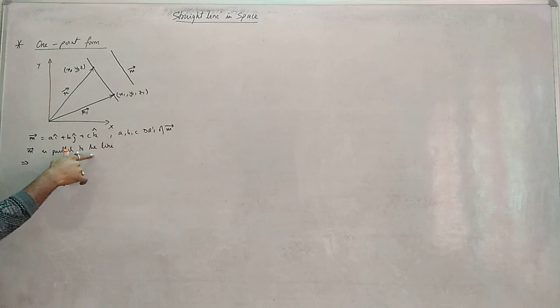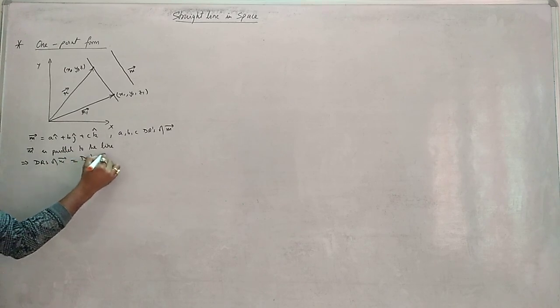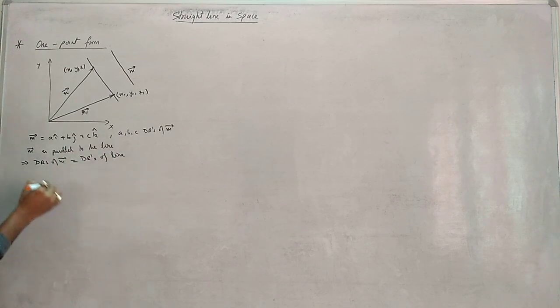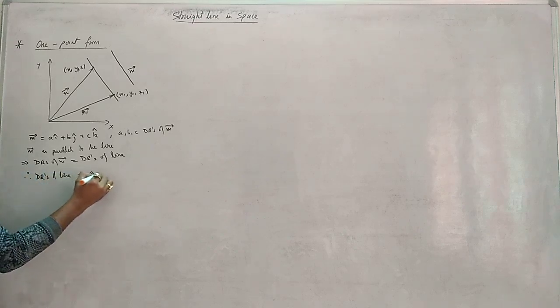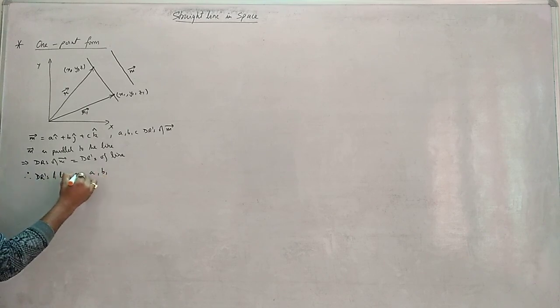Now since they are parallel, that means drs of m vector is equal to drs of line. Therefore, what are the drs of line? Drs of line are a, b and c.